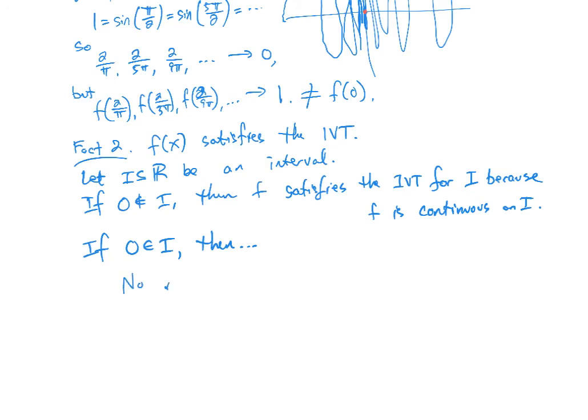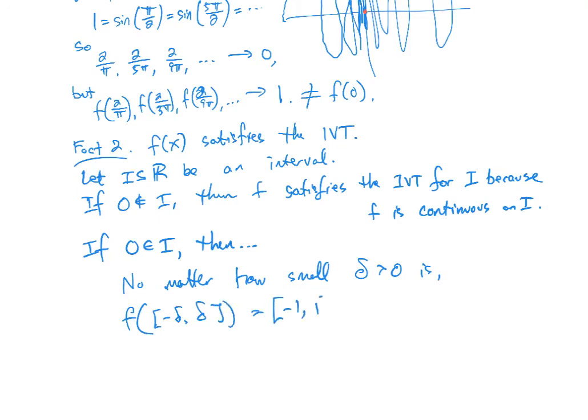No matter how small delta is, if we just look at the values that f takes from minus delta to delta, it takes on all the values. No matter how close to 0 we shrink our interval, we're always going to be taking on all the values. Okay, so the IVT will hold because no matter what function value you would like to get out of the IVT, you're going to get it. Okay?